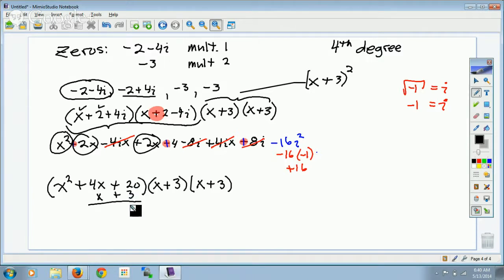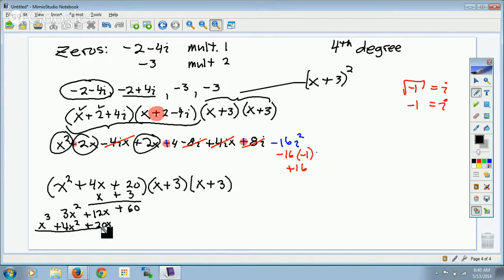3 times 20 is 60. 3 times 4x, so that's a plus 12x. And 3 times x squared is 3x squared. Multiplying by x, scooting over, I get plus 20x plus 4x squared, and then x cubed.